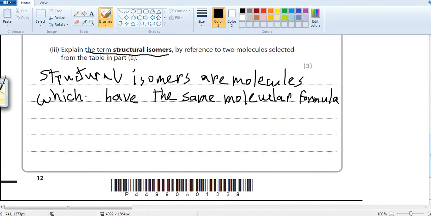Structural isomers are molecules which have the same molecular formula but different structures.